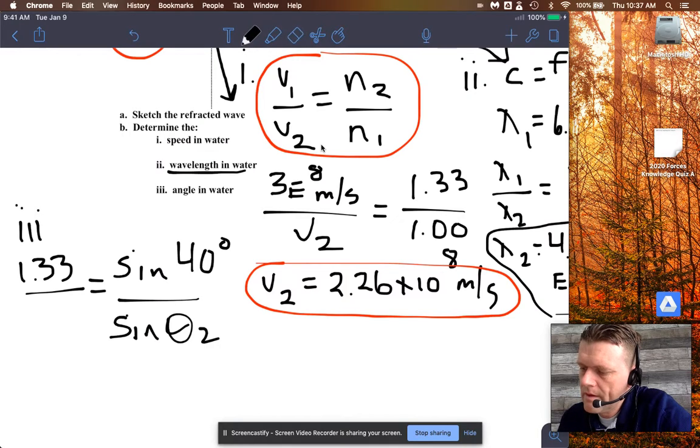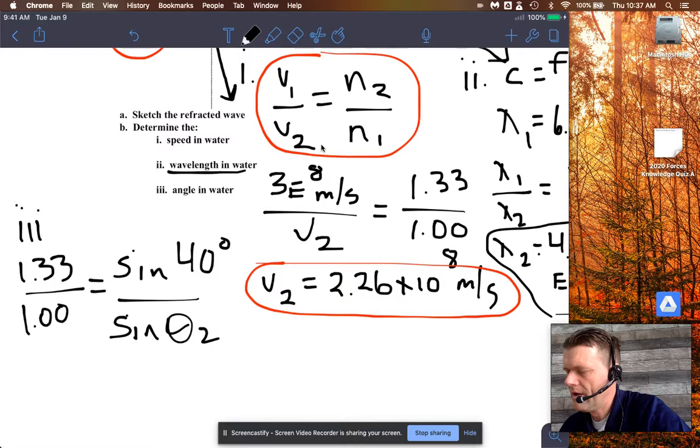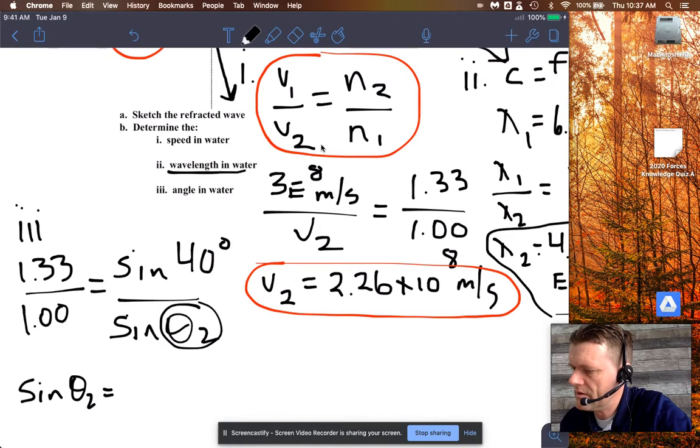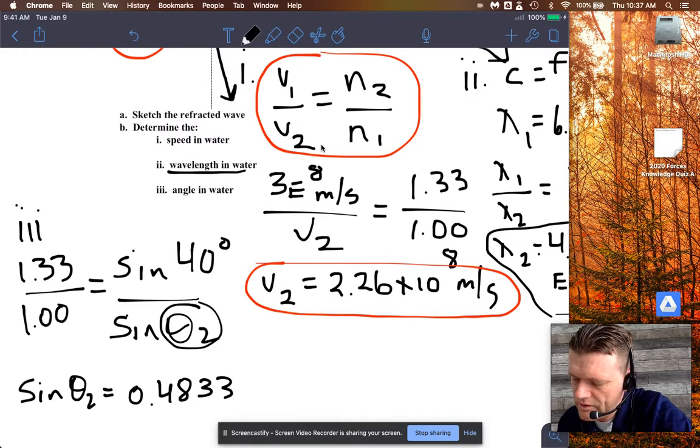So all you have to catch here is when you cross multiply and divide to solve for theta 2, just remember you have to do the inverse sine function, because what will happen is you'll get the sine of theta 2 is actually equal to 0.4833, and then you have to take the inverse sine of both sides.